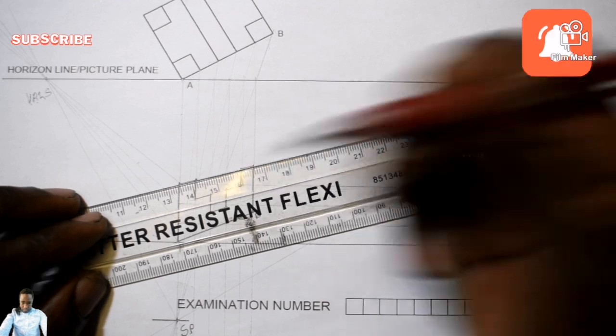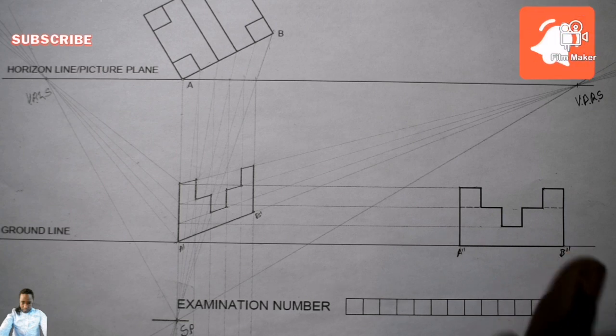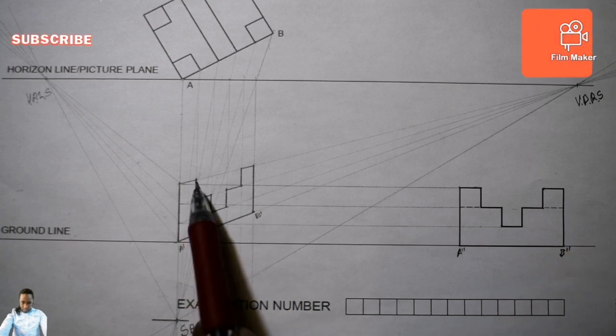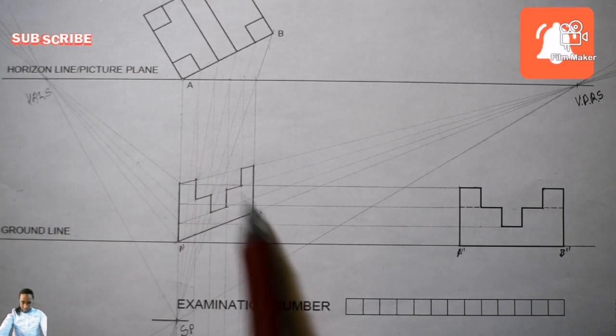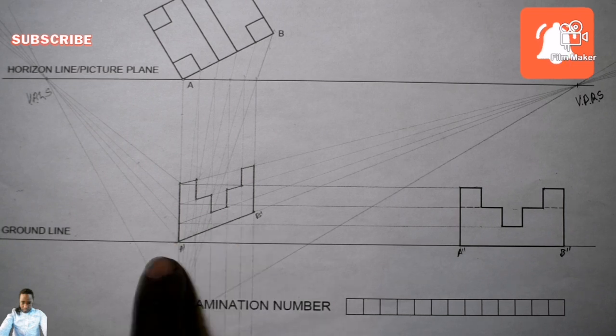There you go. Right, so this is what we have, you understand. So what is going to happen now? So we are going to take this point, all of them, to my vanishing point of my left hand side, you understand. So everything starts right from the bottom, isn't it, like the way we started here.